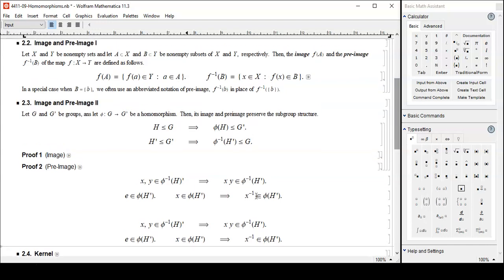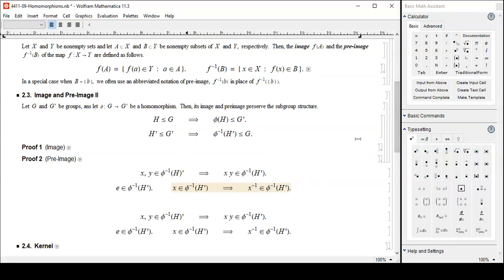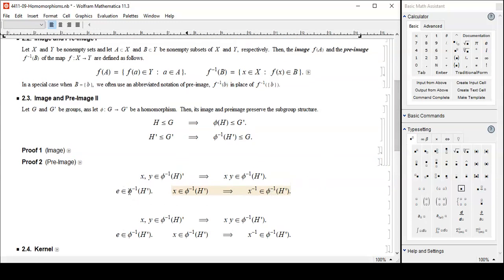So let's use this one, the easiest. Let's rewrite that. What do you mean by x belongs to the inverse image, the preimage? Sorry about a lot of typos here. Speaking and writing at the same time does that. So this can be rewritten as phi of e belongs to H prime.